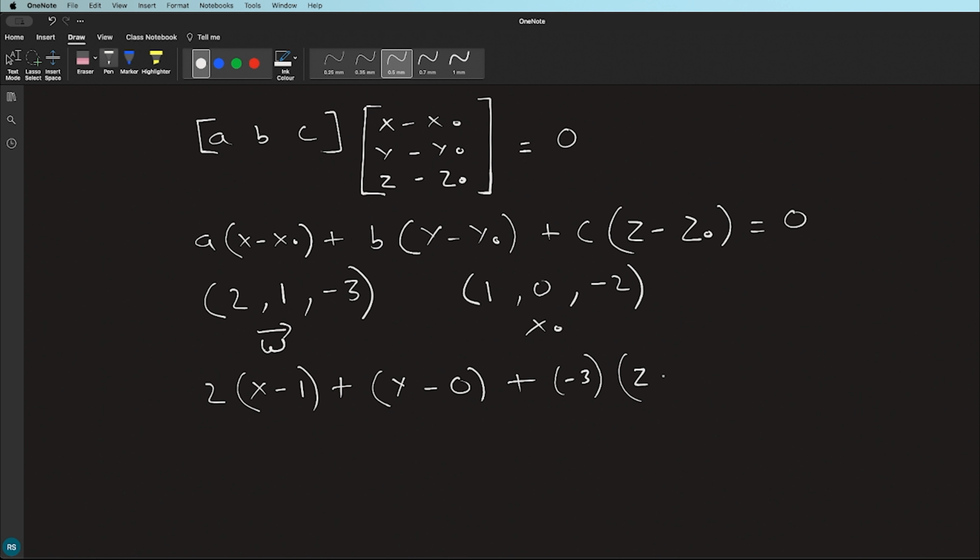So z minus z naught will be z plus 2, equal to 0. So I can write this equation further as 2x minus 2 plus y, plus, sorry, this will be minus 3z minus 6 equal to 0.